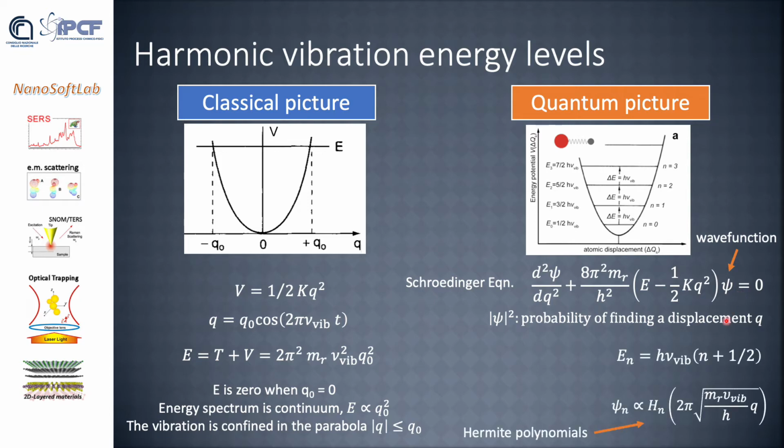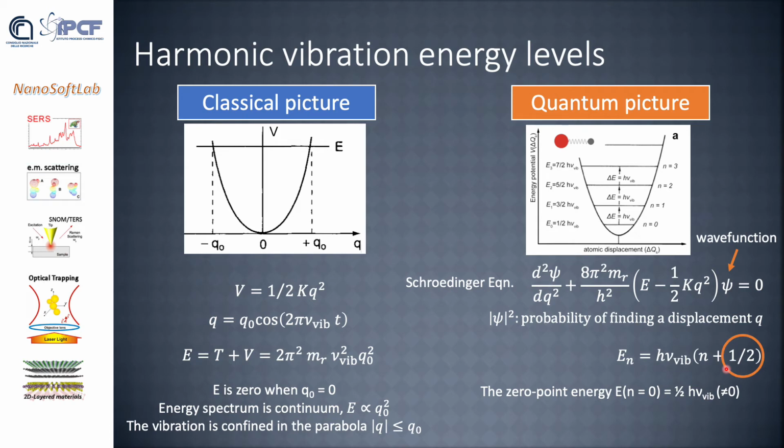What is important to note is that when we solve the Schrödinger equation, the spectrum of vibration E of n is proportional to the vibration frequency, and it's discretized. As well, we have a discrete number of eigenfunctions that are proportional to the Hermite polynomials of this quantity.